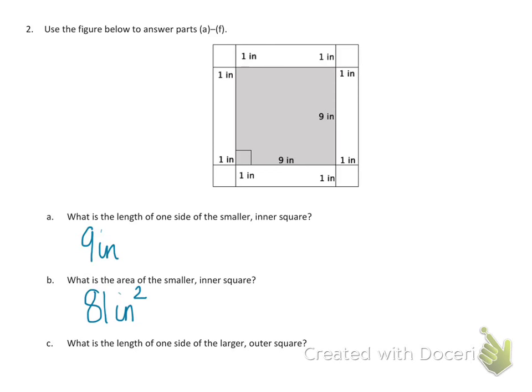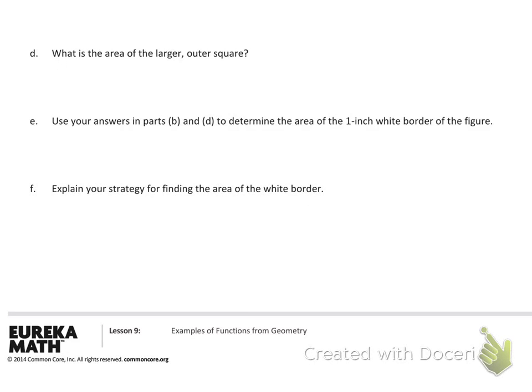The length of one side of the large outer square is still 9, 1, and 1, so it's going to be 11 inches. And the area of the large outer square would be 11 inches times 11 inches, which is 121 square inches.